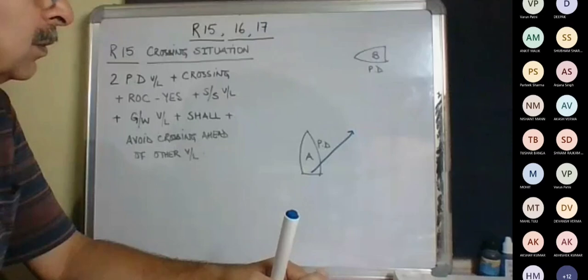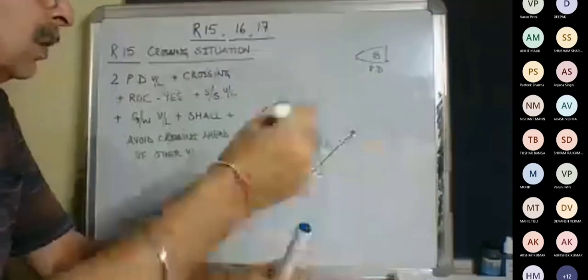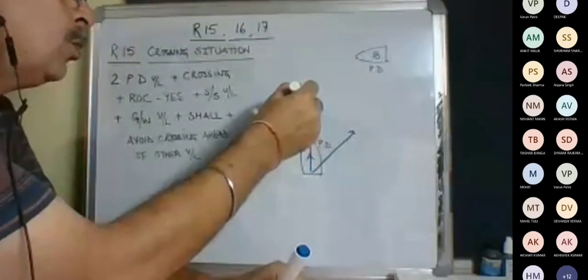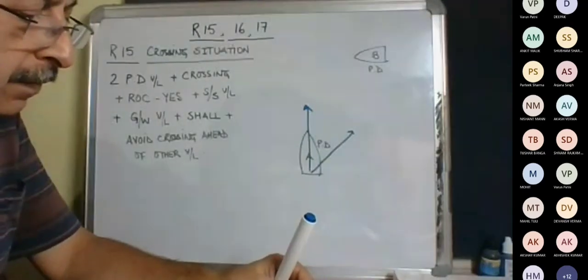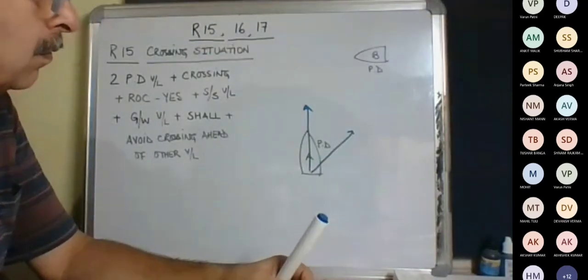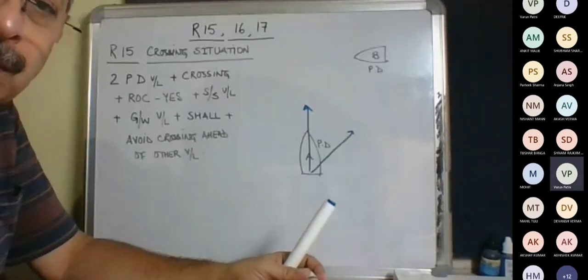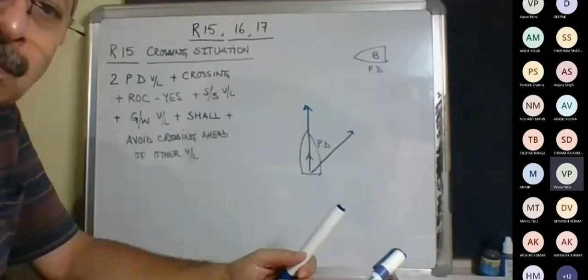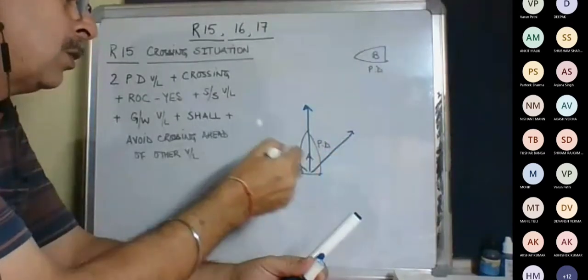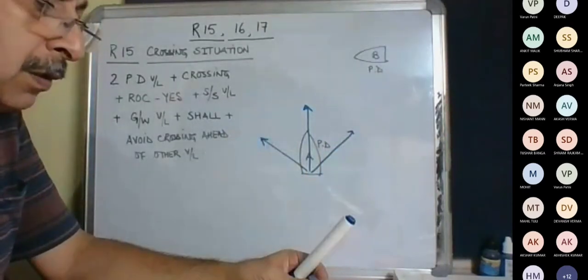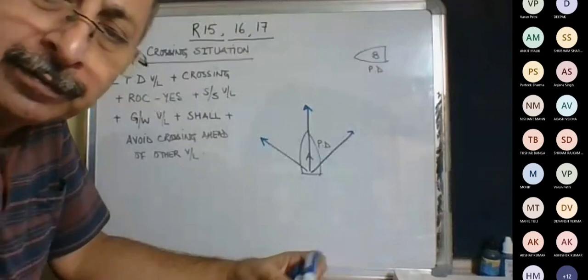Okay. Can she maintain her course? No, sir, because collision exists. She can maintain her course. So she can go to starboard, she can maintain her course, she can go to port. That's what you all are saying.